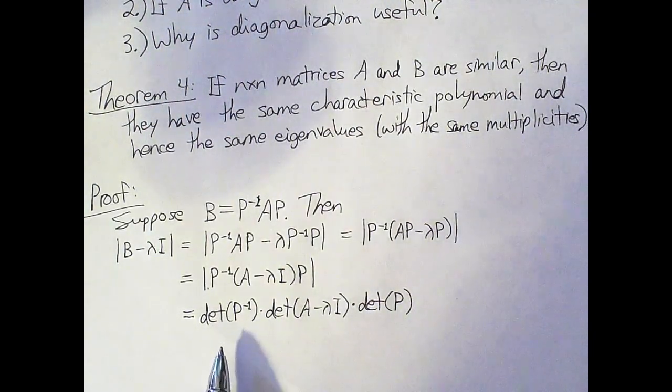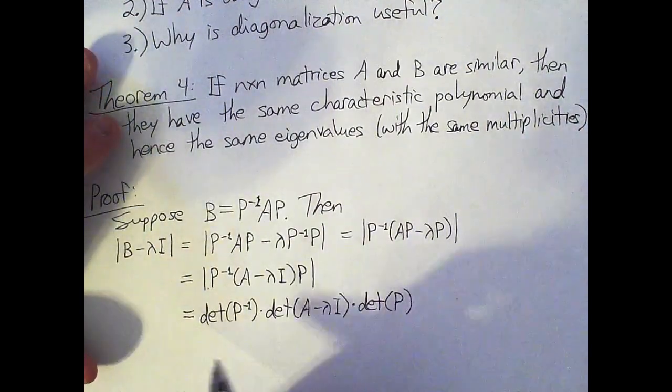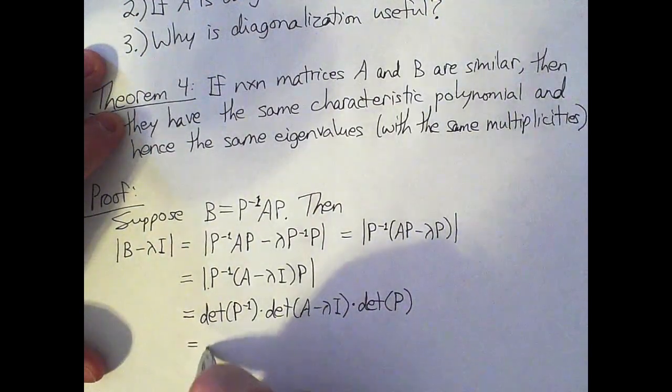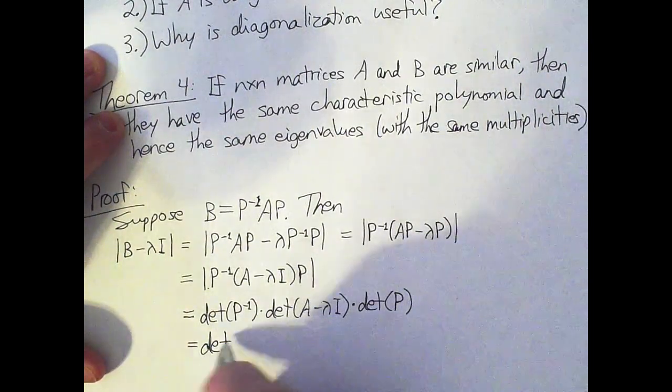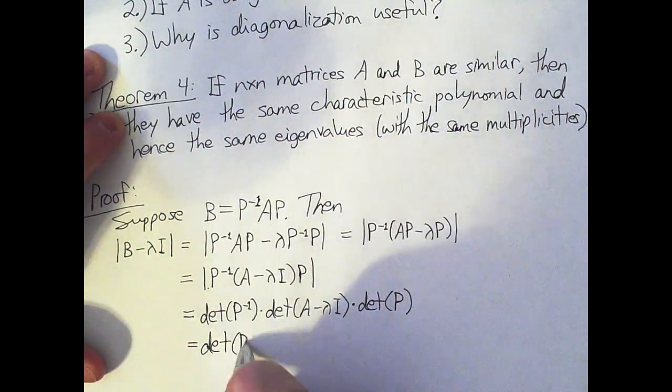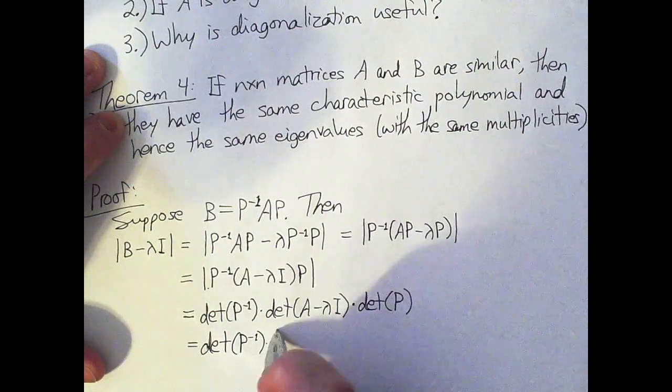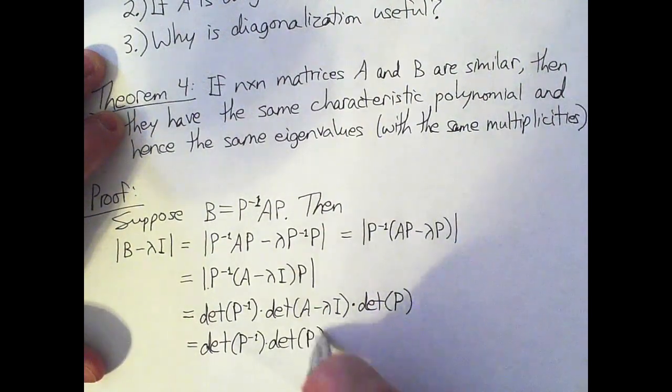So what can we do with this? Now, these are just numbers, right? The determinant is a number times a number times a number. We know that that could be done in any order. You could rearrange multiplication of real numbers so that you could do this one times this one times this one.